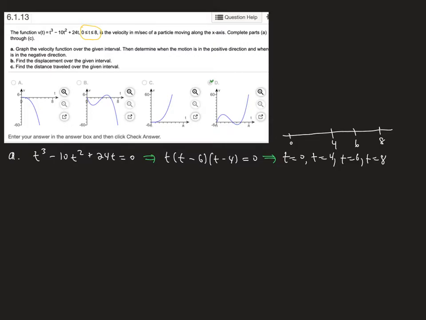And then you sampled values in between these numbers and plugged them into your velocity function. So for example, if you look at the velocity at 2, which is between 0 and 4, you generally want to use the factored form. This is v of t right here as well. The other form is sort of a pain to use, but this one is easy to use. So if you put 2 in here, then that's positive, that's negative, and that's negative.